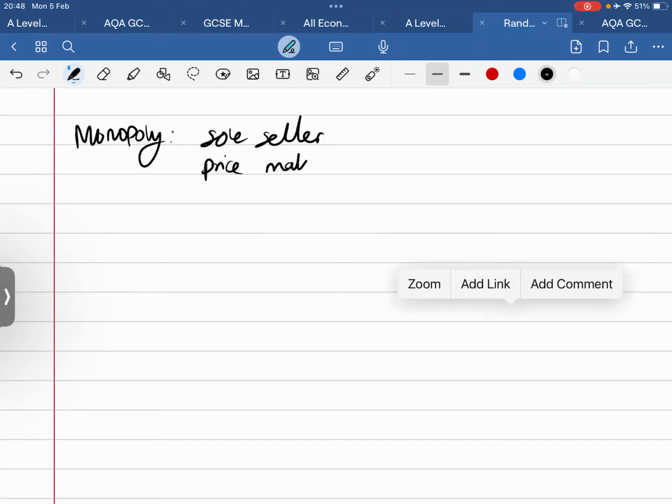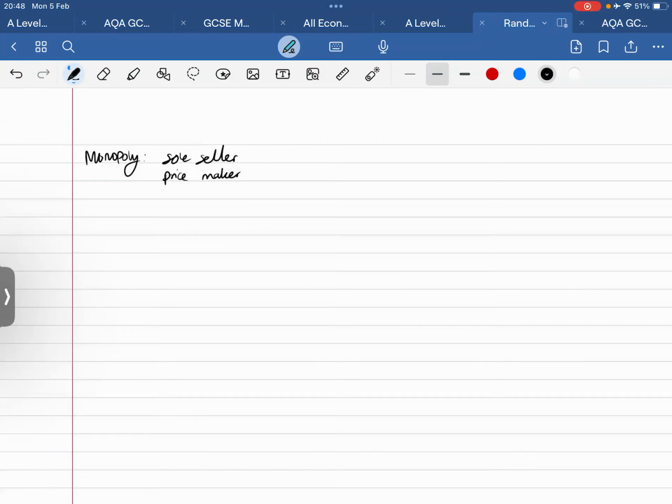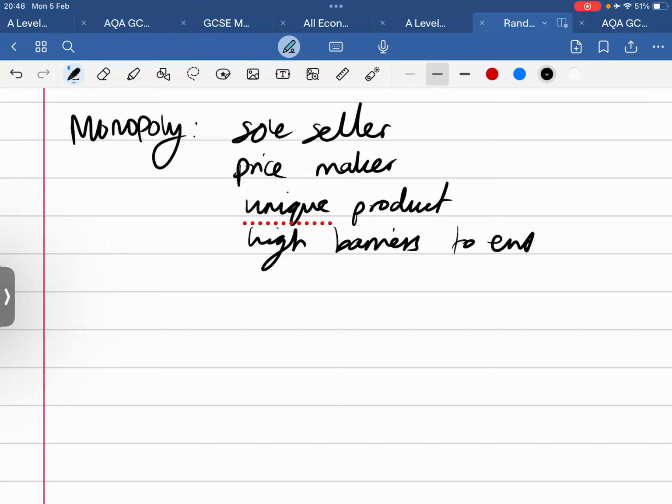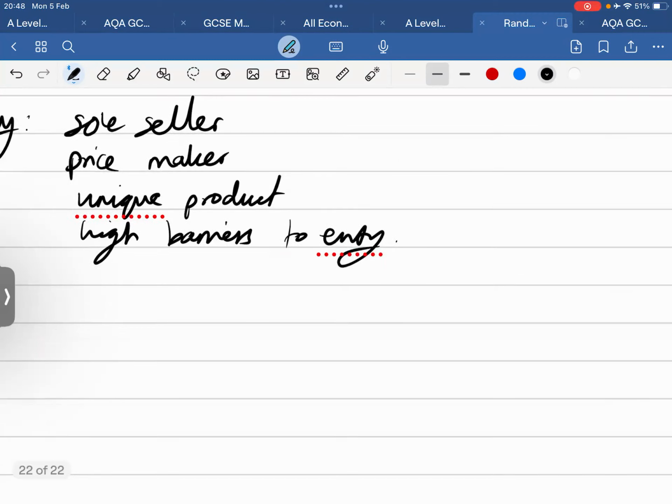They're differentiated. Yep, lots of product differentiation, or if it's a sole seller, they're selling a unique product, and there are high barriers to entry and exit, such as startup costs, especially if it's a natural monopoly, but that's another thing we have to look at in more detail.